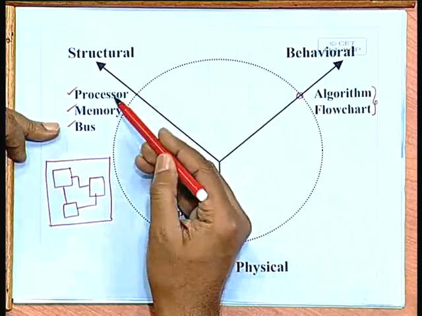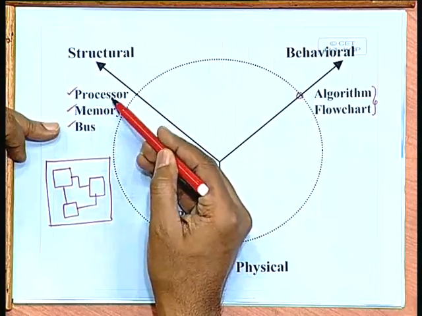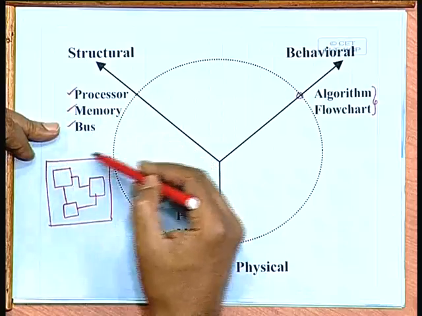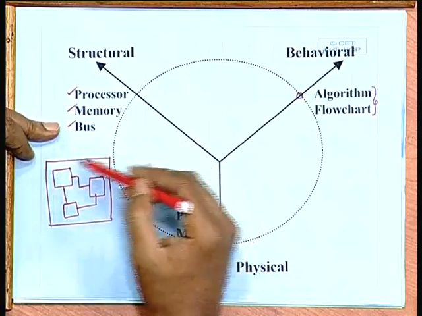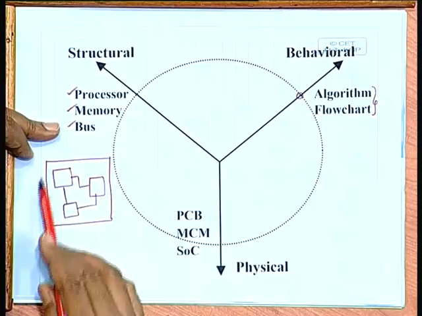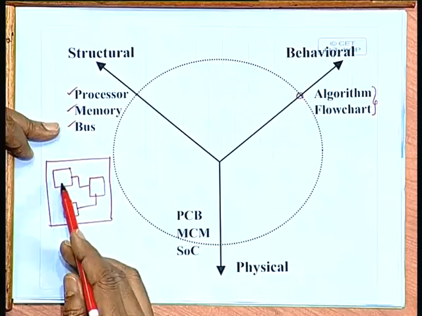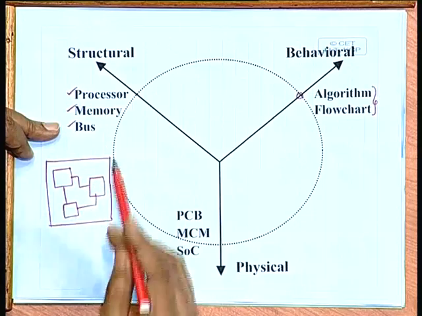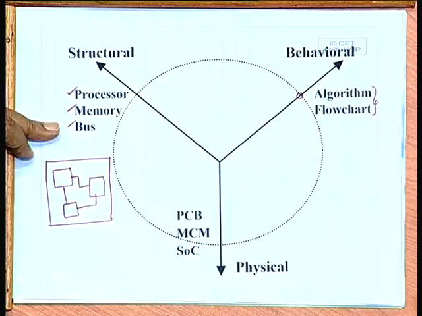So, as you can see, the basic building blocks are very high level modules. At this abstract level, we are more concerned with a block diagram kind of design, how these high level blocks are interconnected, rather than going into the details of it.